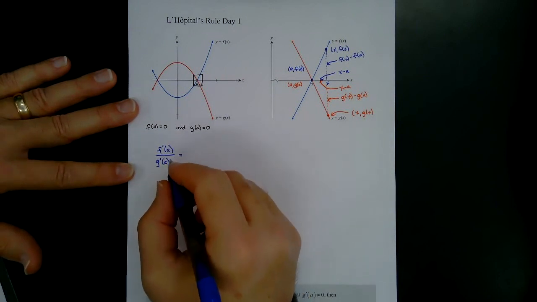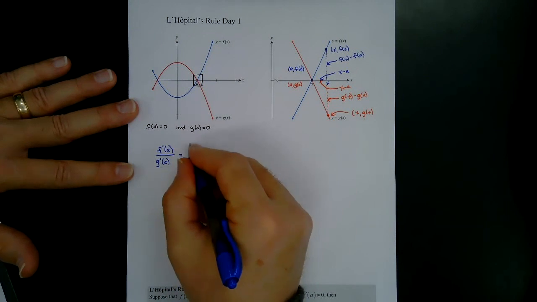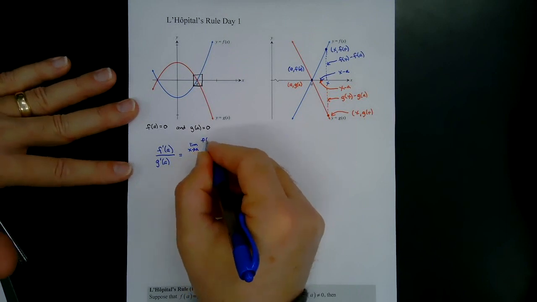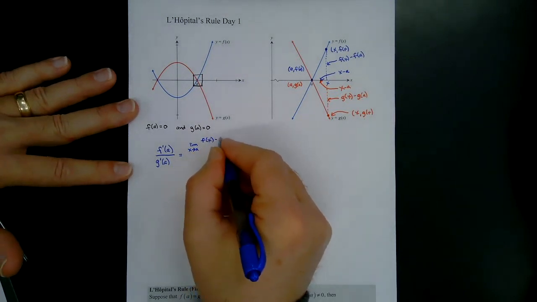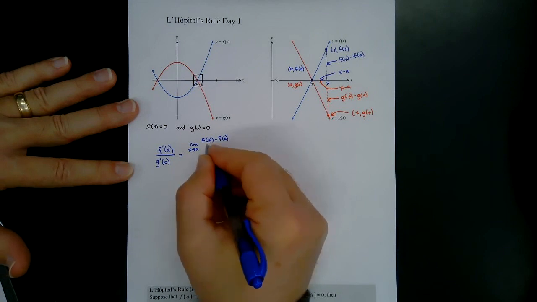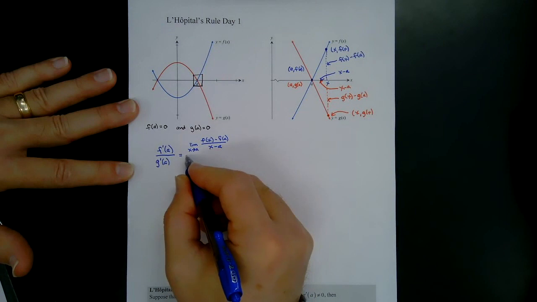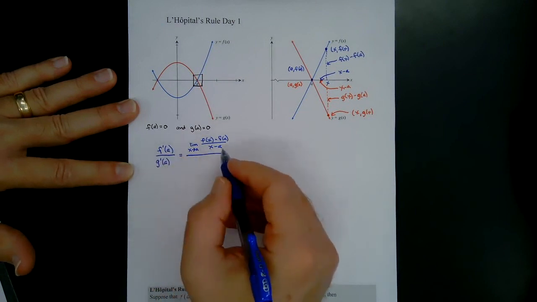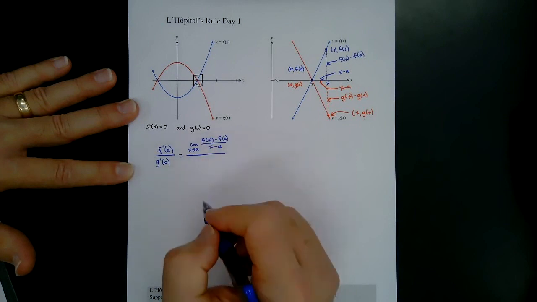One of the definitions for derivative is the limit as x approaches a of f of x minus f of a over x minus a. That's the definition of the derivative f prime of a. It's this definition right here.